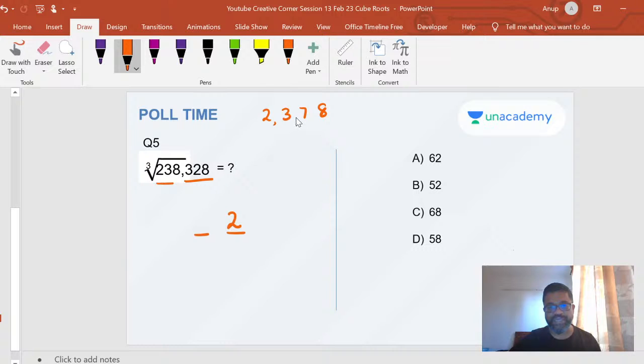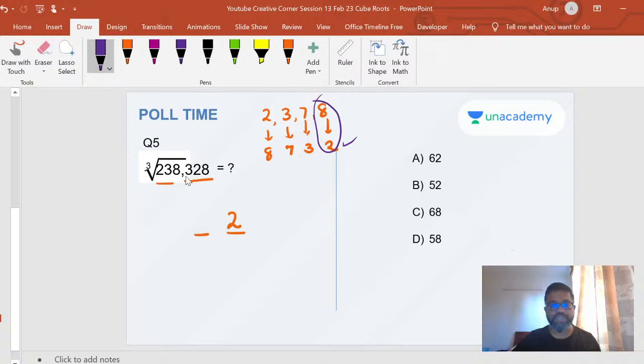If the cubes are ending in these digits, the last digit will be 8, 7, 3 and 2 respectively. In this case it is ending in an 8, so the last digit is a 2.